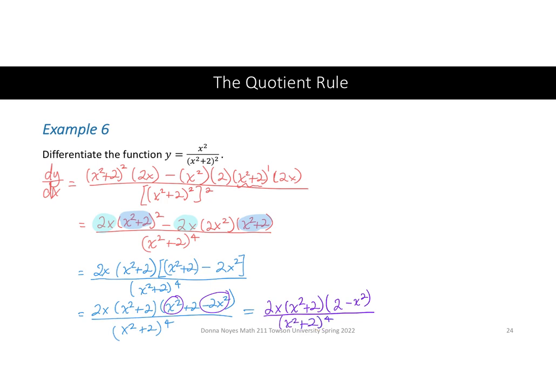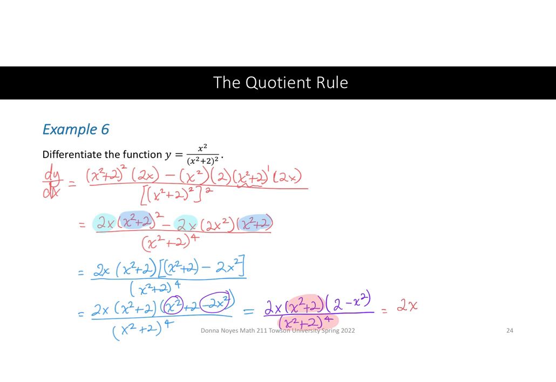What some of you might have noticed by now is that we also have an x squared plus 2 to the 1 on the numerator, and x squared plus 2 to the fourth in the denominator. So the numerator has 1 and the denominator has 4. So we can take our simplification one more step down and cancel out one of those x squared plus 2's from the denominator with the one in the numerator.